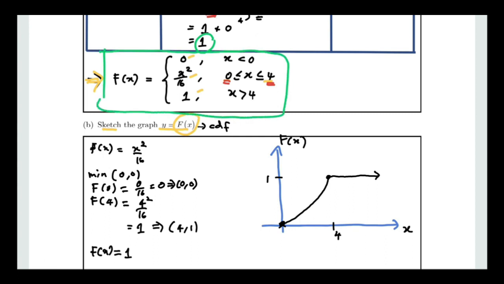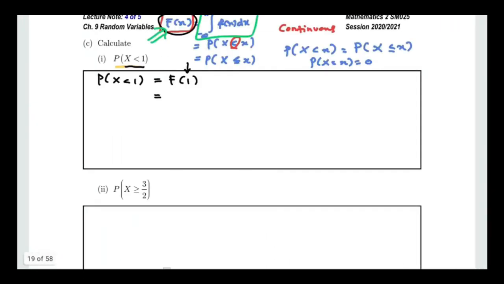Now we substitute x equals 1, so we have to find where x equals 1 is located. Obviously x equals 1 is in between this interval, so we substitute 1 into x squared over 16.